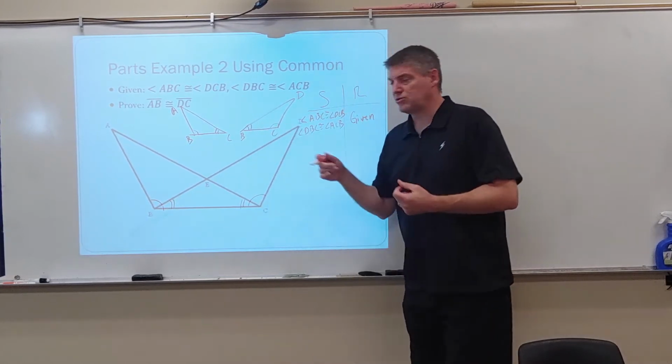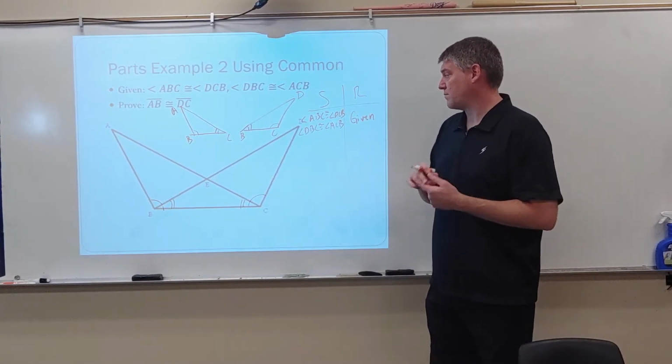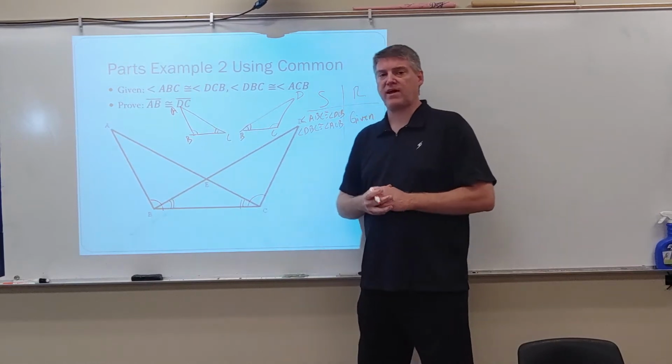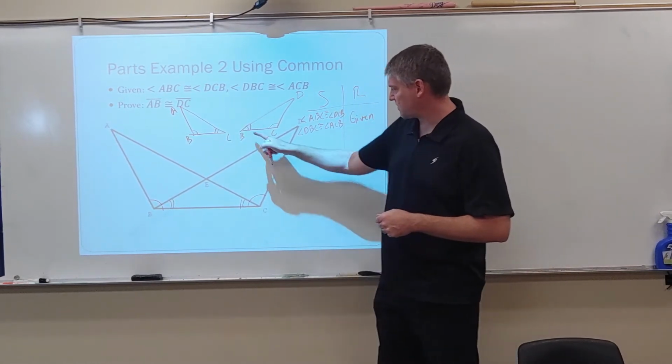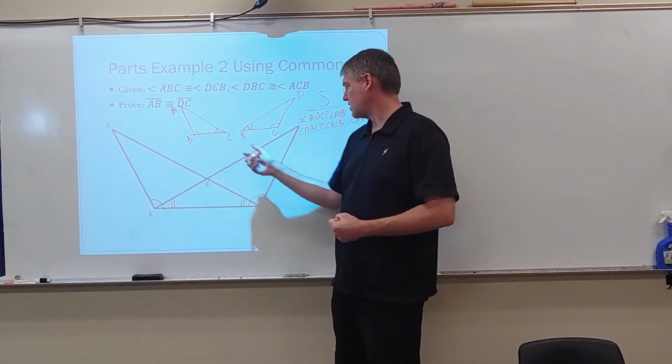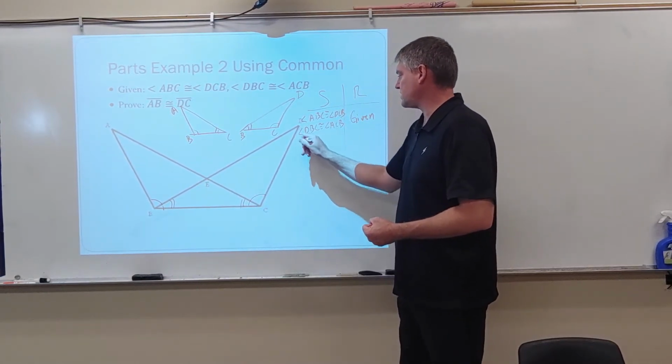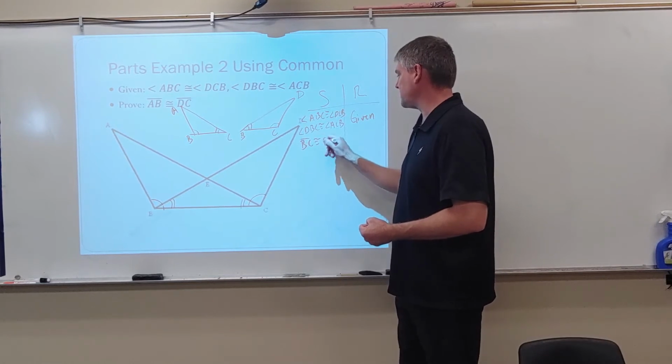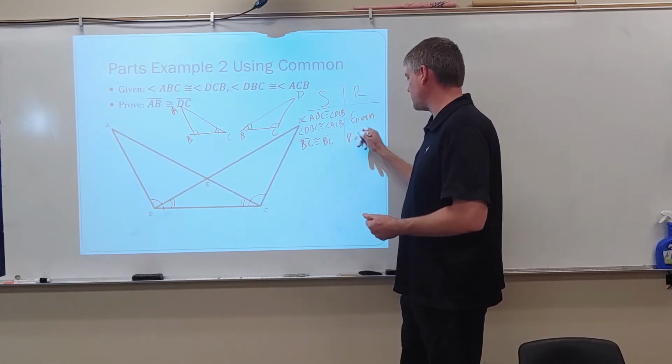So now I have two angles that are congruent. These triangles would be congruent if I had one more common side. So if I could show that BC is congruent to BC, these triangles would be congruent. Well, the nice thing is that BC is congruent to BC because it is reflexive.